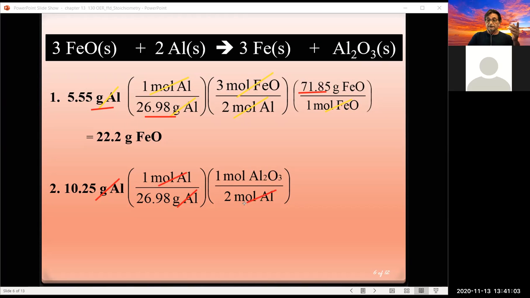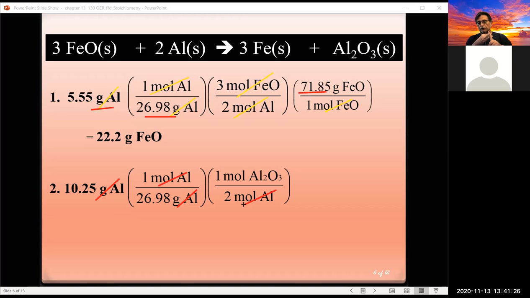Okay, so at this point, I'm in units of moles of aluminum oxide. Well, the question asks to give your answer in grams, so I have to take it one more step. I need the molar mass of aluminum oxide, so I look up the atomic weight for aluminum. There's 2 of them.